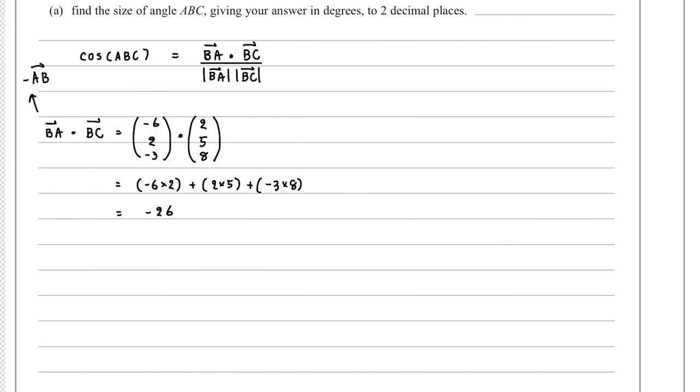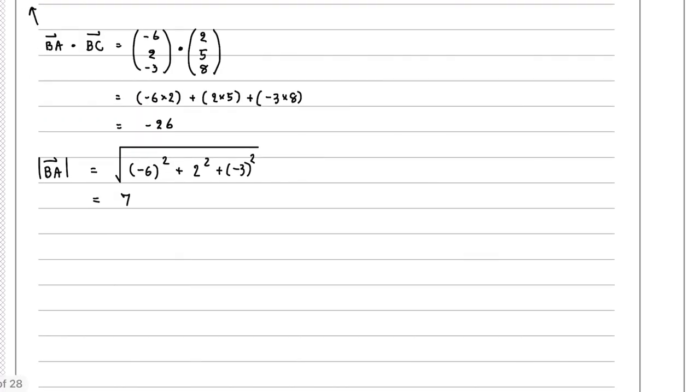Next, we have to find the magnitude of vector BA. The magnitude of BA is the square root of minus 6 squared plus 2 squared plus negative 3 squared, which is 7. And then we find the magnitude of vector BC. It will be the square root of 2 squared plus 5 squared plus 8 squared, and the answer will be square root 93.